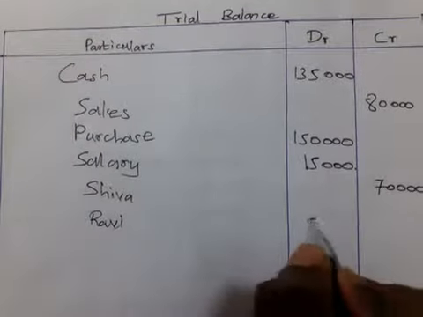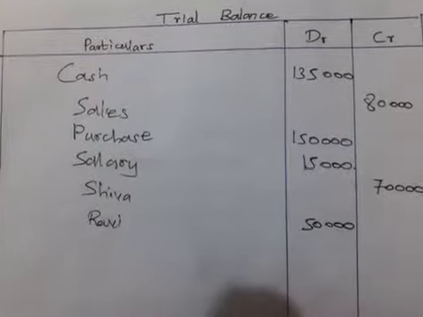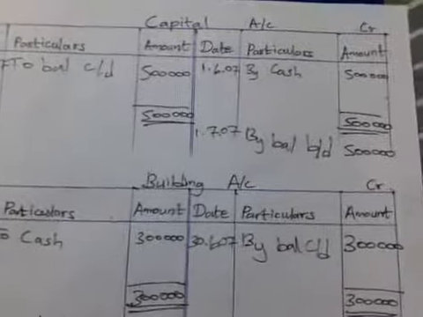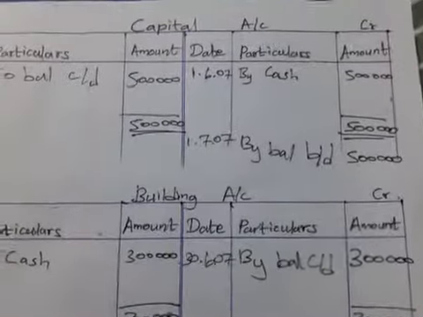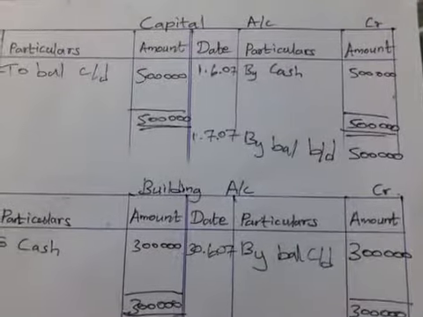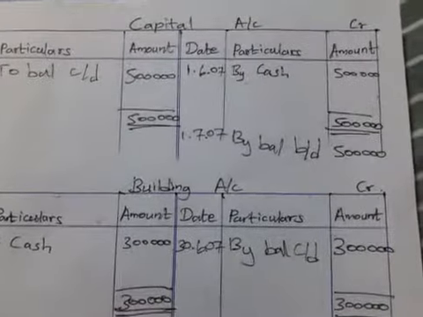Ravi 50,000. And in the capital account we found a 5 lakhs balance on the credit side, so we record it on the same side.